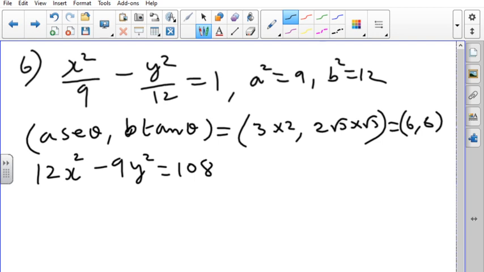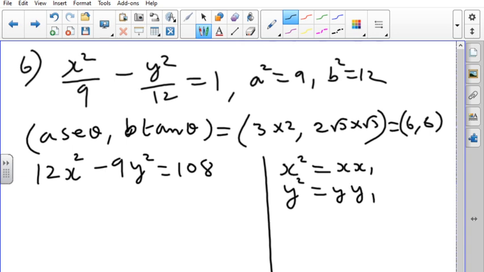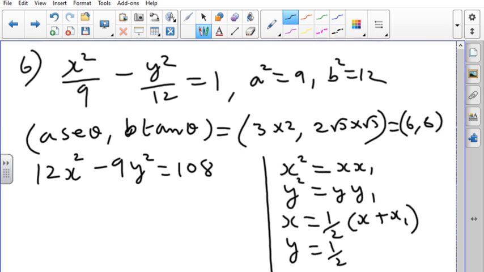Now, when a conic is given, a hyperbola or a parabola or an ellipse, you can write the equation of a tangent directly by taking x square as x x1, y square as y y1, x as 1 by 2 into x plus x1, y as 1 by 2 into y plus y1, and xy as 1 by 2 into x y1 plus x1 y. So take it as a note.